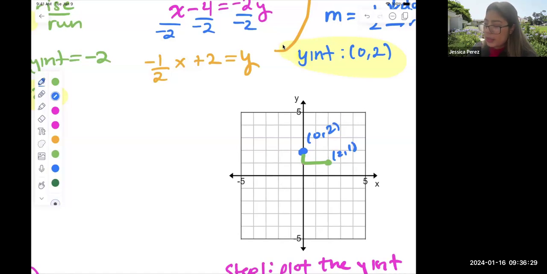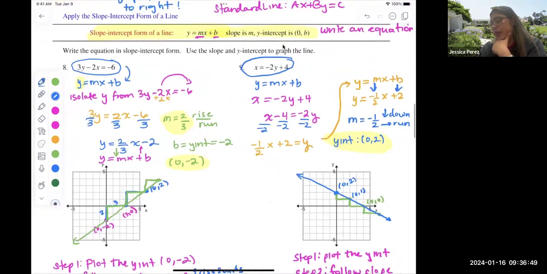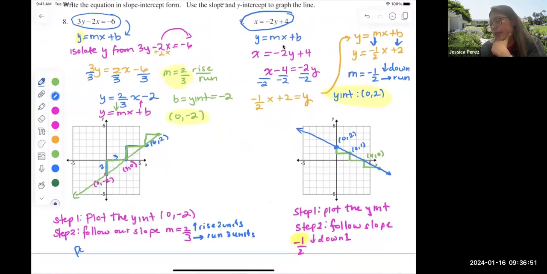Then I'm going to go again: down 1, run 2. That point corresponds to 4, 0. So there's another point. Notice that my slope now is going down. This is a negative slope. Here we had a positive slope, so it's going upward, and here we have a negative slope, so it's going downward.